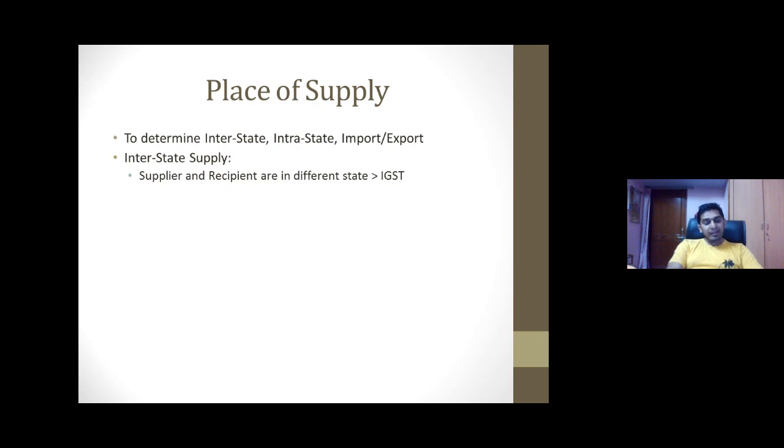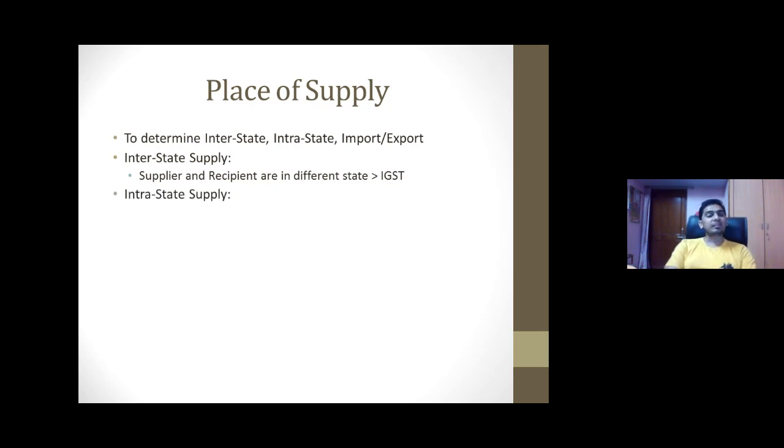When supplier and recipient are in different states, IGST would be applicable. This is a general rule. There are some special rules as well, but the general rule is if the supplier of goods, that is the seller, and the recipient, that is the purchaser, are in different states, IGST will be applicable.